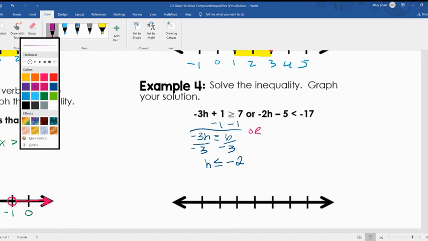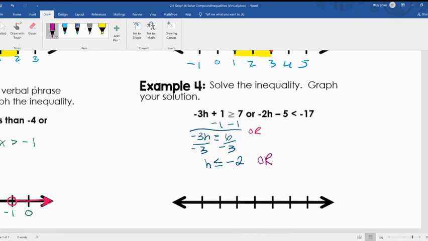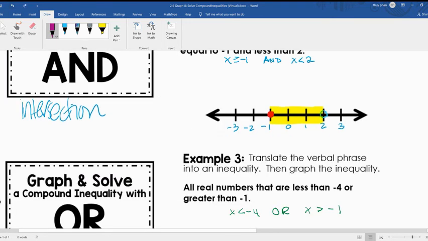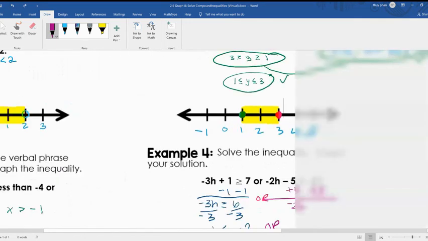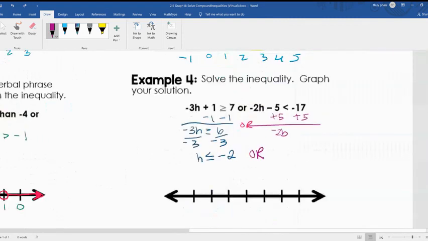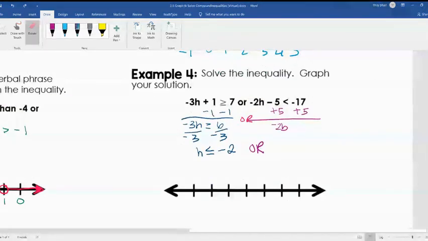So it says your answer is h is less than or equal to -2, or, and we're going to go ahead and solve this one. I'm going to add 5. Sorry, guys. All right, let me just try to erase this because I wrote it wrong.